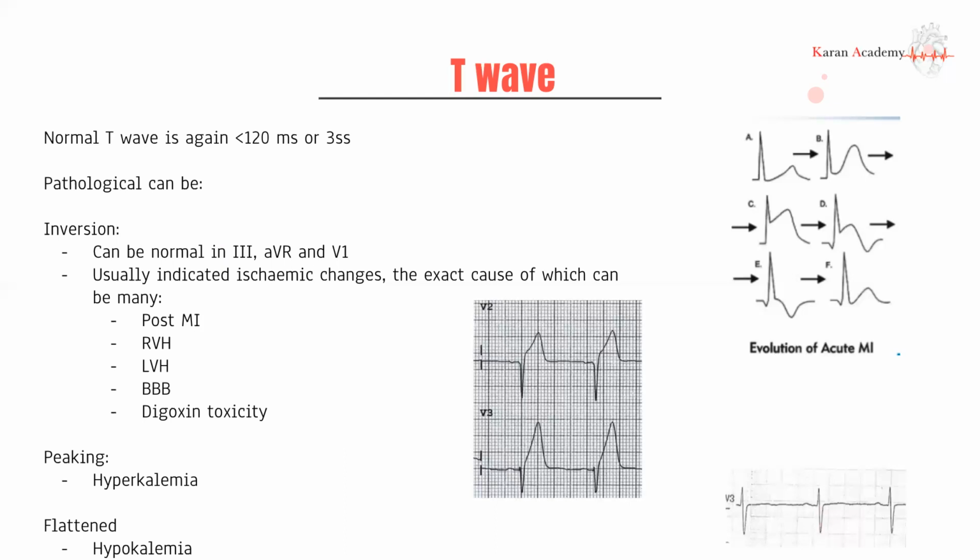So potassium starts leaking outside of your cells, and it appears almost as a hyperkalemic picture, as your cells are losing potassium and causing excessive depolarization, causing this peaked T wave, which eventually goes into a flattened and then an inverted T wave over time.